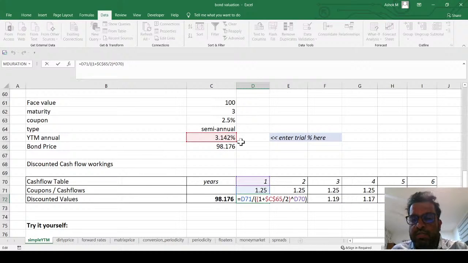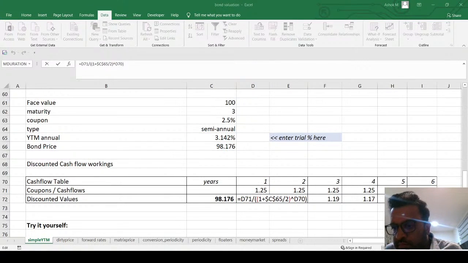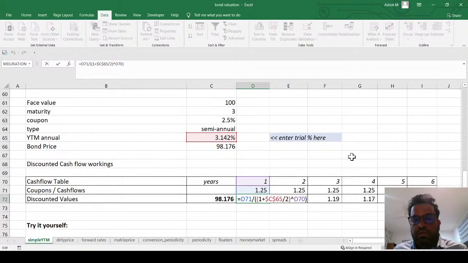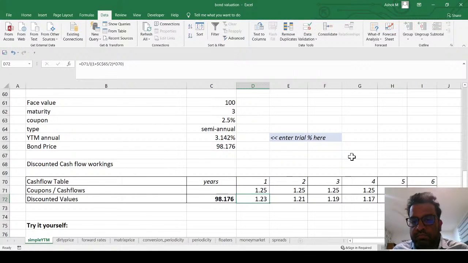To convert it into a semi-annual discounting factor, it's very simple, you just have to divide by 2. So that's how this formula is there.